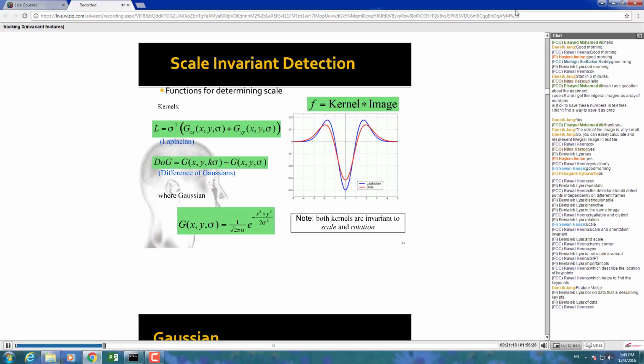So it is using traditional Laplacian edge detection. Edge points look very repeatable. For example, even rotated or even scaled, we can still see edges, right?